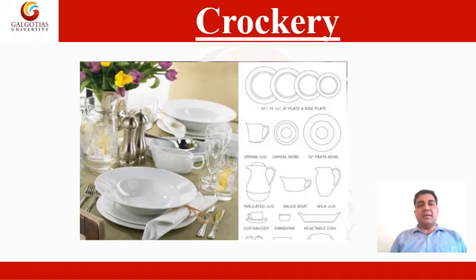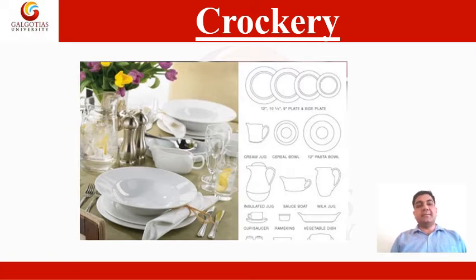Again, everything which is used for eating and serving purpose in the food and beverage department, but made up of breakable items, such as ceramic, bone china, porcelain, etc., is called crockery. I hope it's clear now.